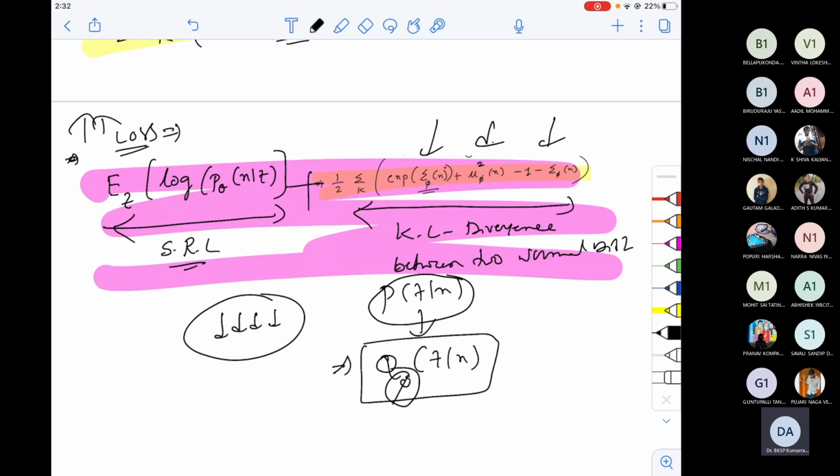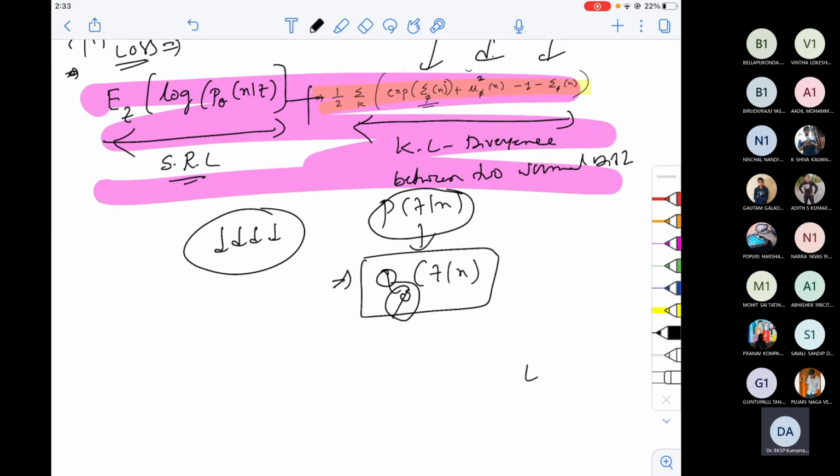Earlier, only the weights and biases used to get changed based on the loss function. Now, along with the set of weights, the distributions also get transformed such that the loss is minimal. That's the main theme of the variational autoencoder loss function.